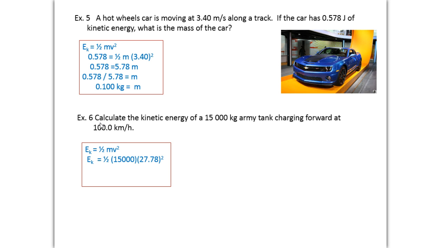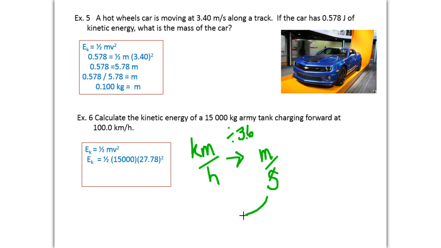So to go from kilometers per hour to meters per second, you have to take your kilometers per hour and divide by 3.6.